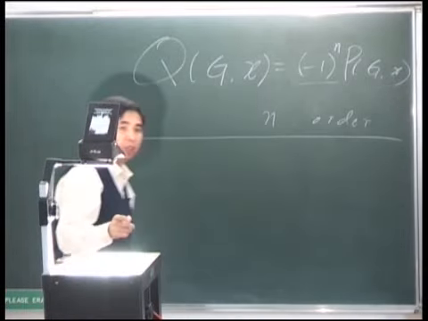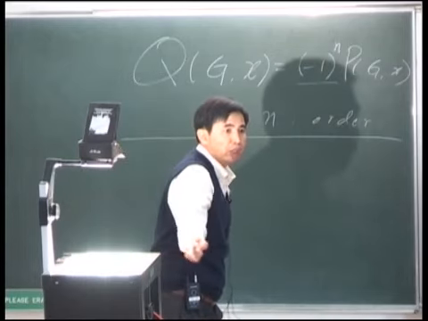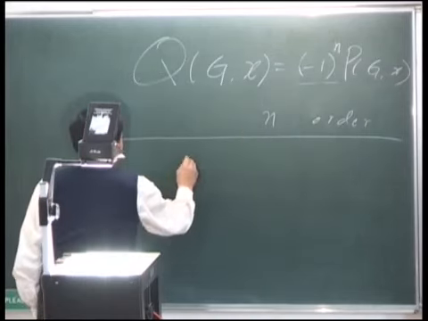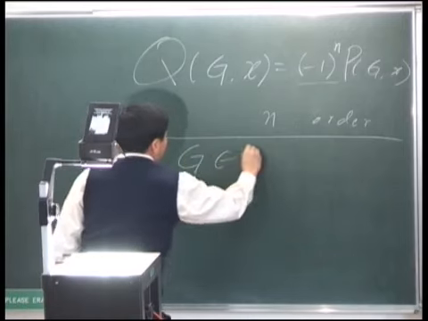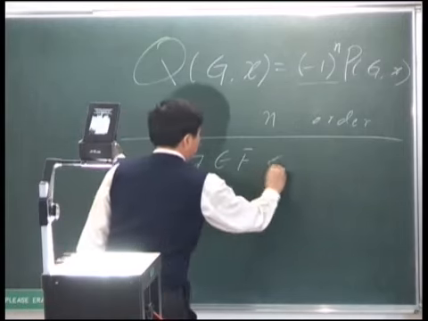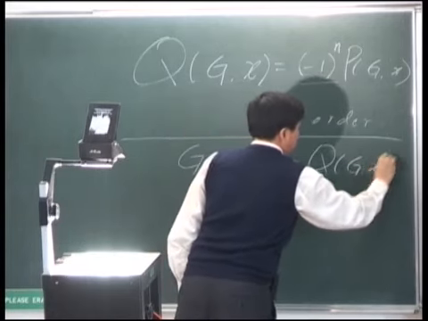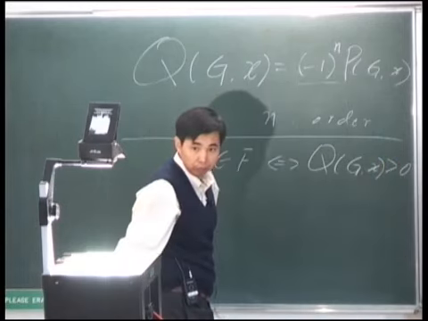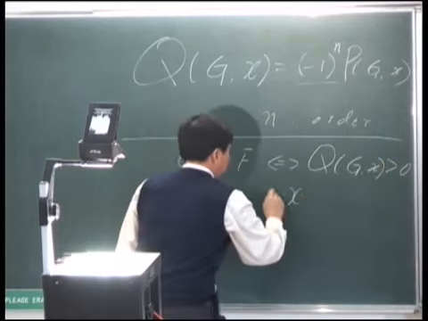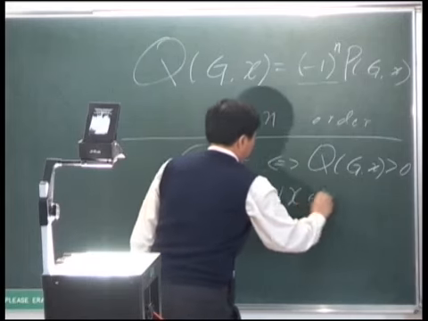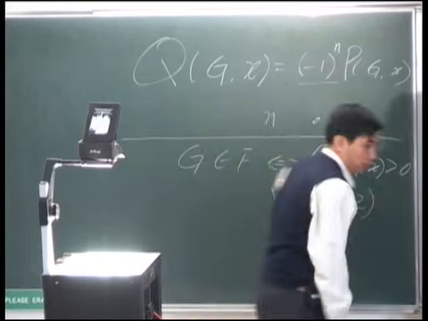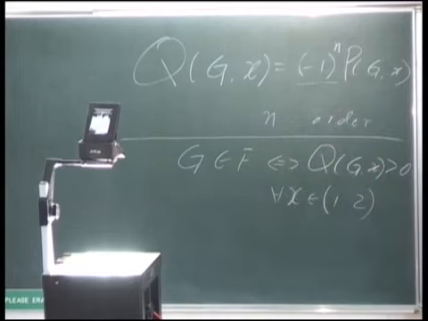There is one famous result, in Jackson's paper. You can see G belongs to F if and only if Q_G(x) is always positive for all x between 1 and 2. Here the condition is G must be 2-connected, or K2.